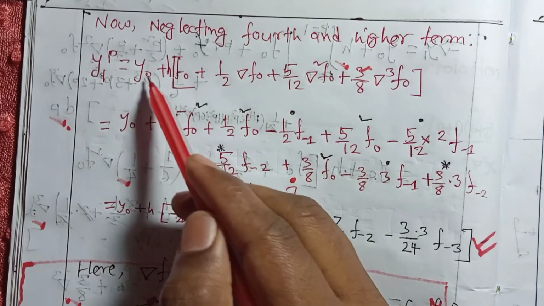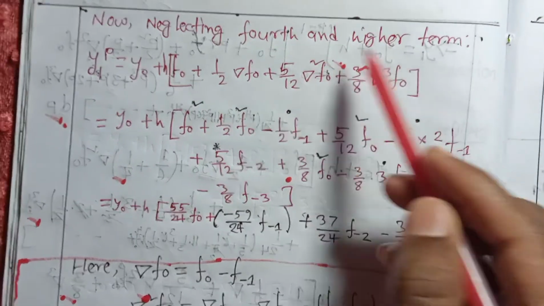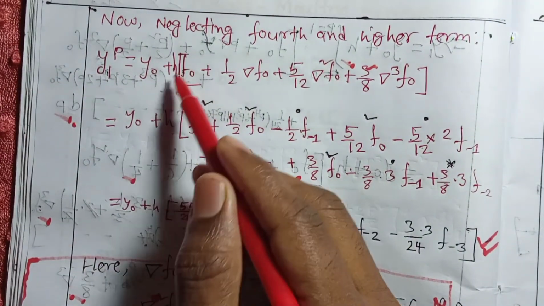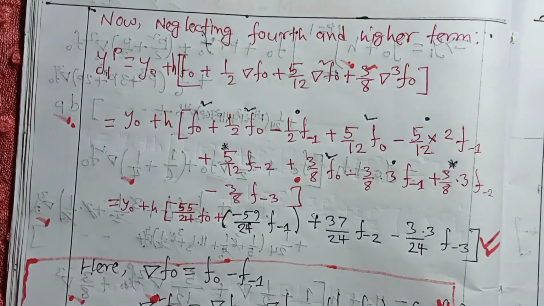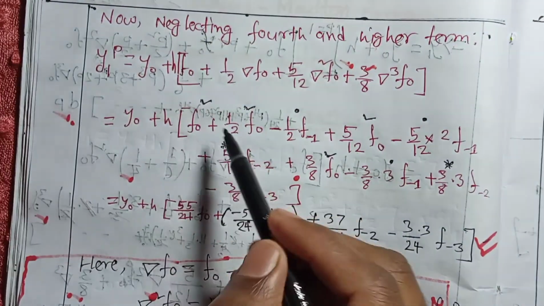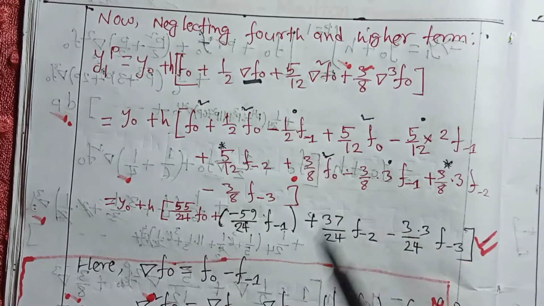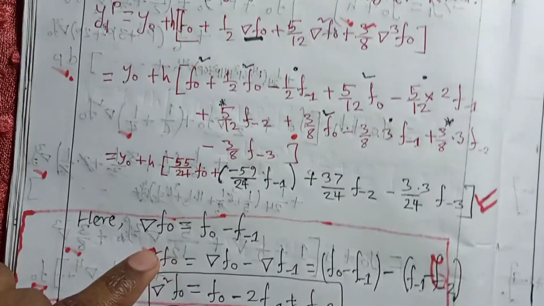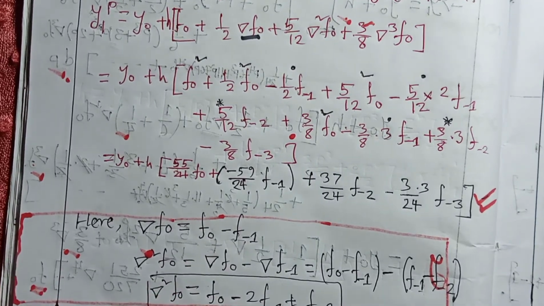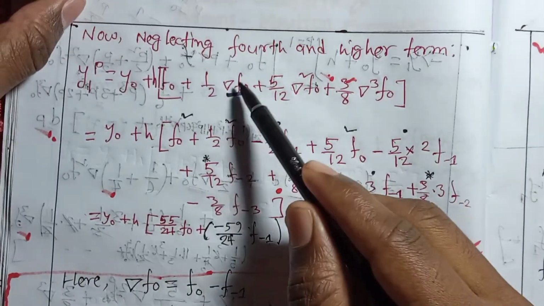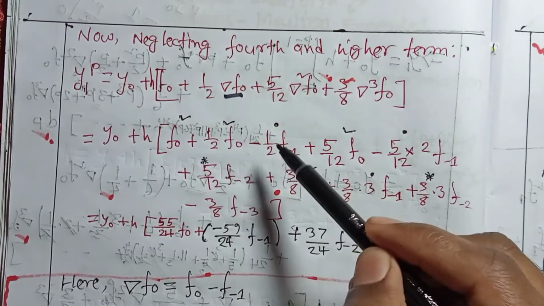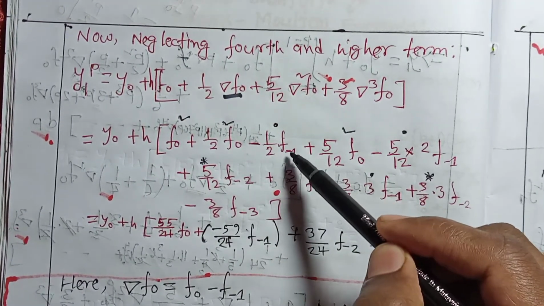y1 p, we neglect the fourth and higher order terms, and we get y0 plus h f0 plus half nabla f0 plus and so on. We know that nabla f0 is nothing but f0 minus f sub minus 1, so half nabla f0 is nothing but half f0 minus half f sub minus 1.